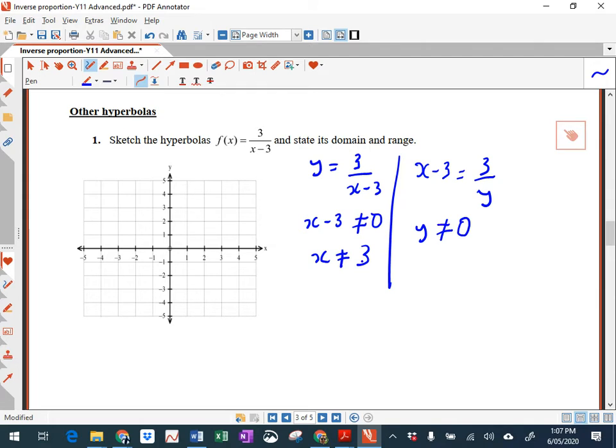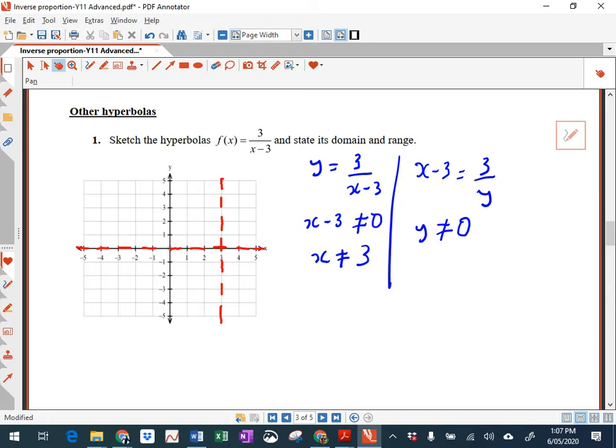So I can draw those in. So x equals 3. There we go. And y equals 0. So I know the hyperbola is going to approach those. There we go. And now I've just got to figure out where it goes.